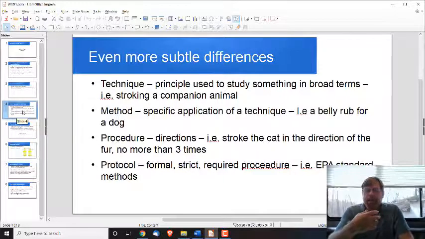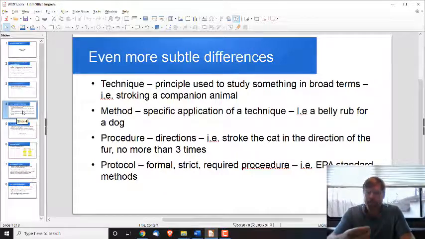Stroking a companion animal, so petting a dog, petting a cat, those would be broad examples of stroking a companion animal. A method is the specific application of a technique. So for example, giving a dog a belly rub, scratching a cat behind the ears, specific applications.